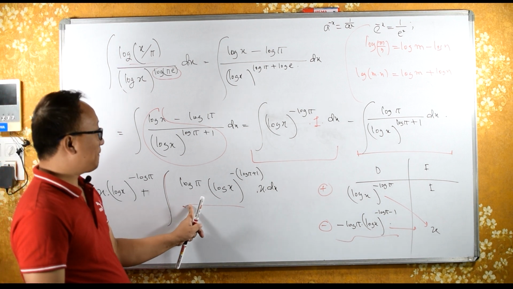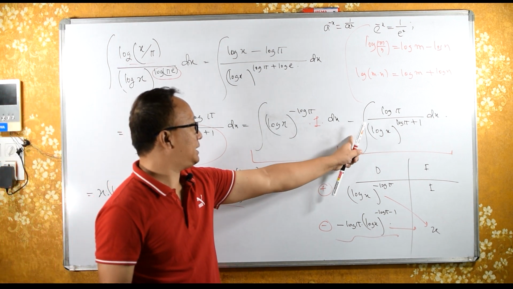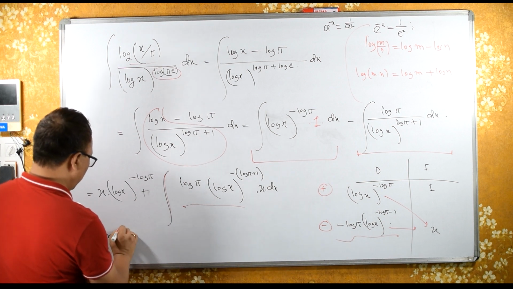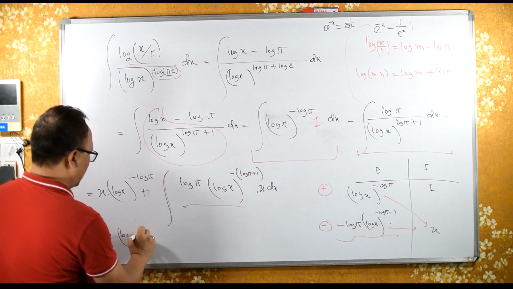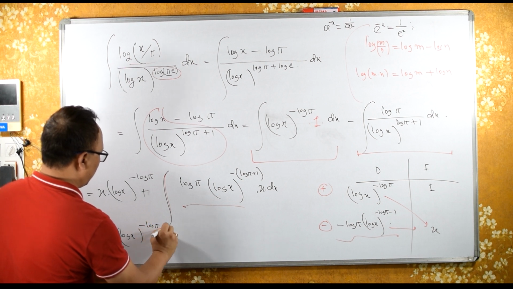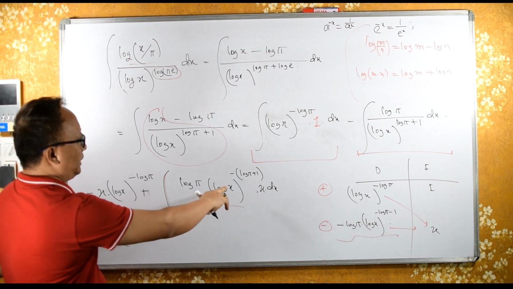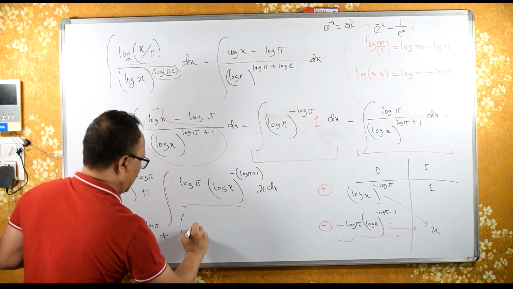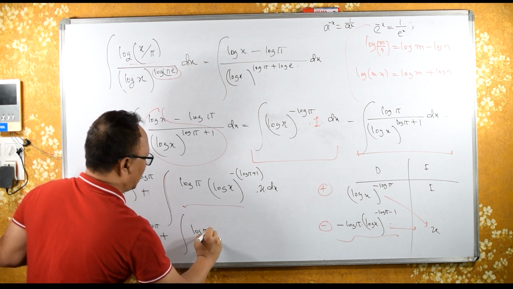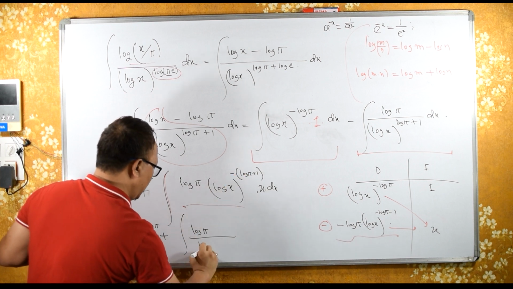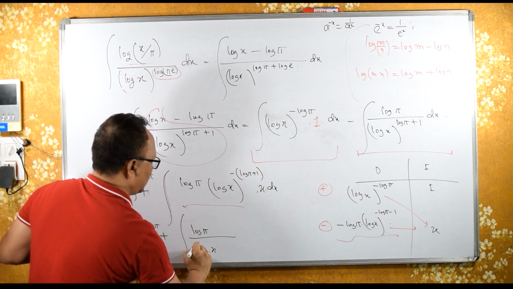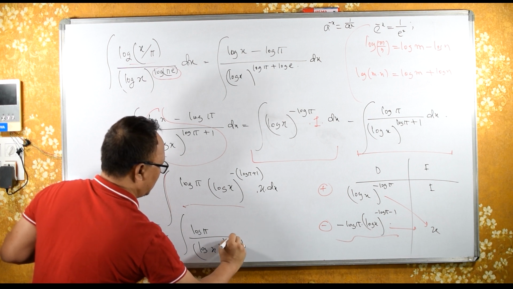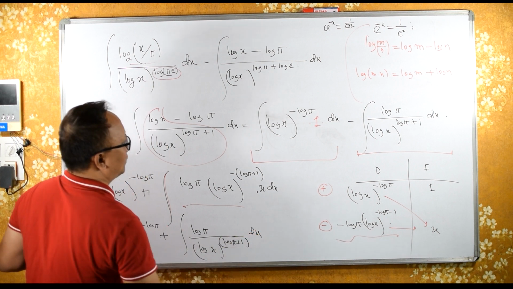So what is this part? Look at this part. This is what? This is the same as x into log x raised to minus log pi, okay. Here this I can send down. This is the same as plus integral log of pi upon log of x raised to log of pi plus 1 into dx.